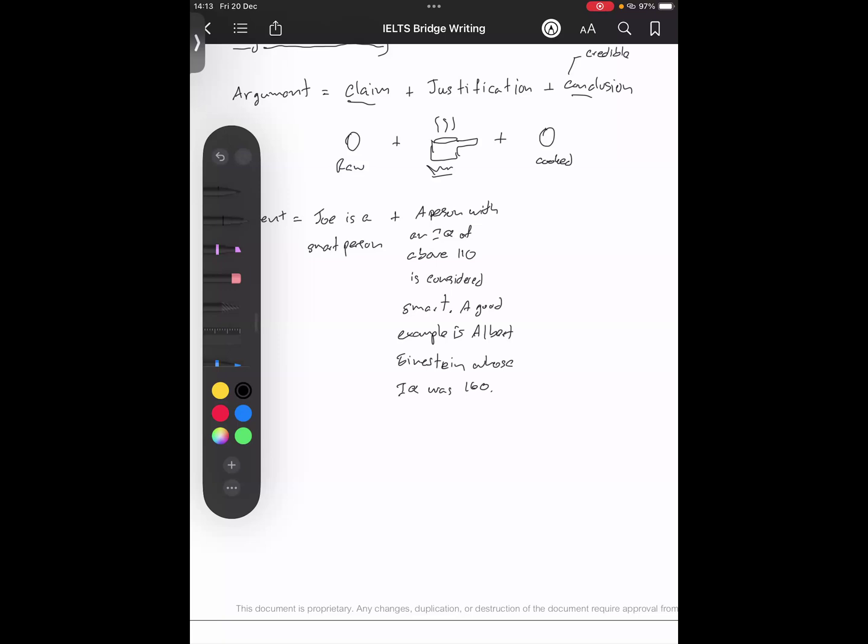A good example is Albert Einstein, whose IQ was 160. Okay, so these two statements serve as principle and evidence.